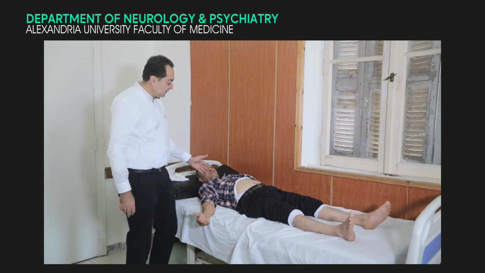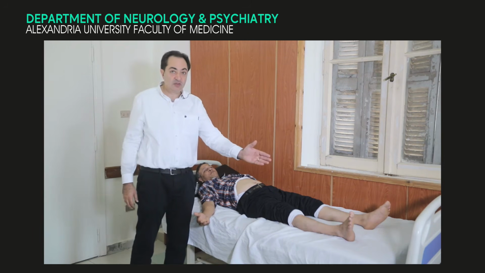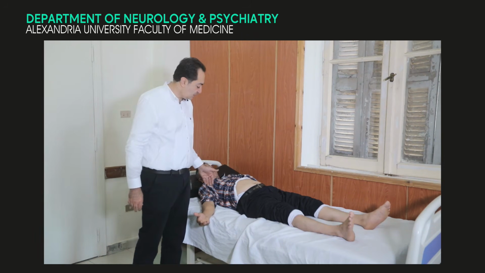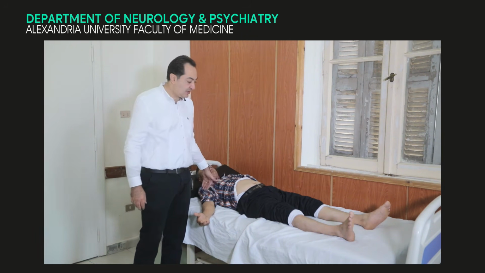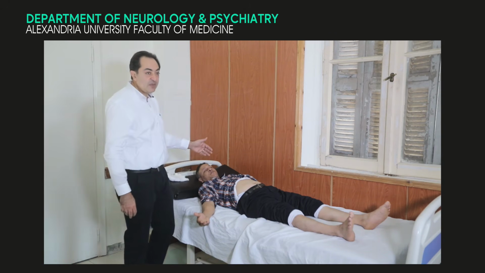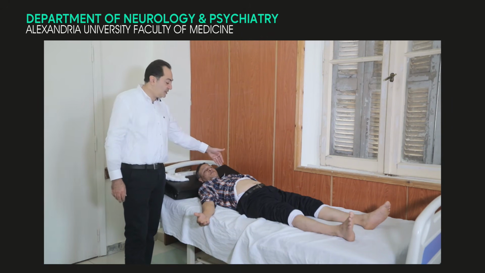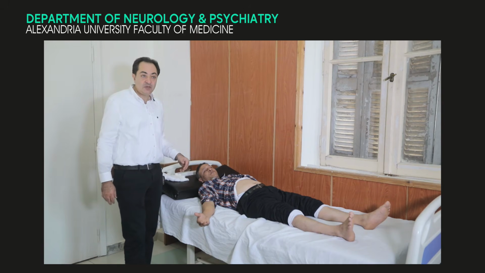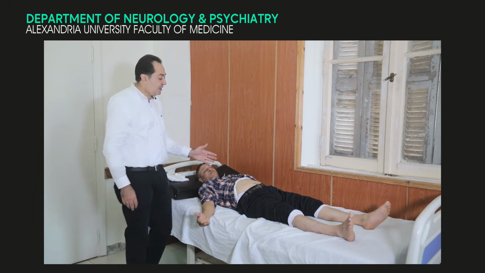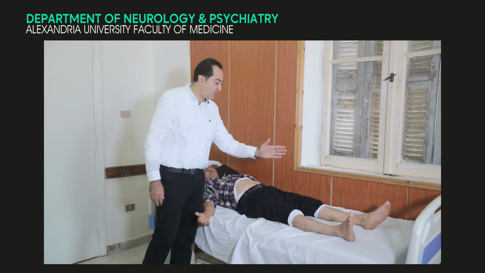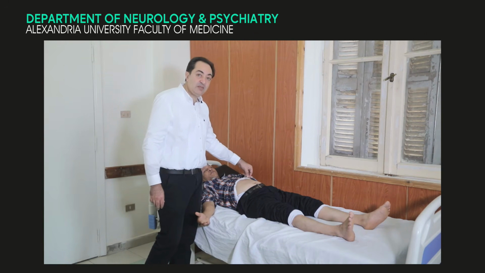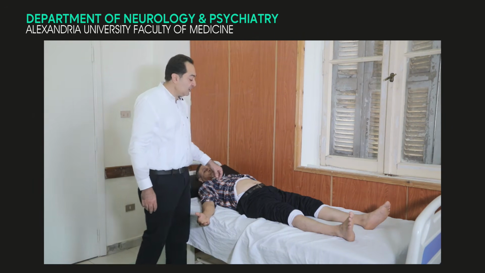If I have an affection of the right side, upper and lower limb, the affection may be in the cervical region on one side. If I have affection of the lower part of the body, the affection may be in the spinal cord.